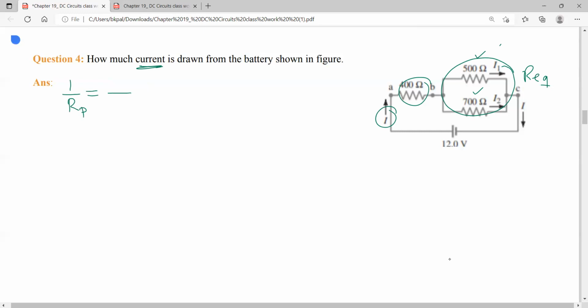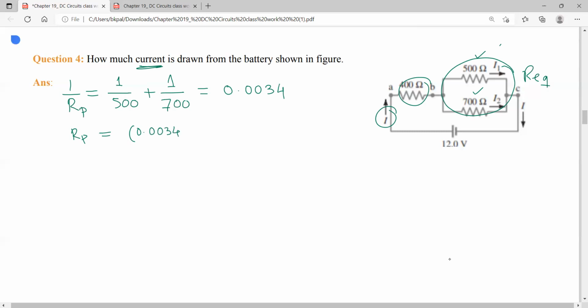How should I do that? It will be something like this: 1 over 500 plus 1 over 700 gives me something like 0.0034 when I plug this into my calculator. Now if I reverse it, I get RP.